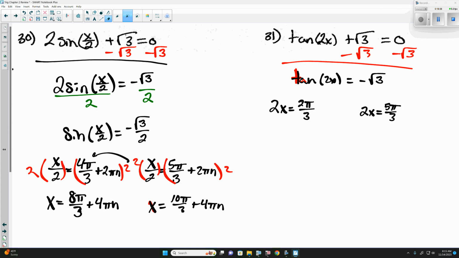Almost for tangent, because it's not listed directly on the circle, I see what is its reference angle, pi over 3. So all of our divisions of 3 work. Now we're just figuring out which one is in the correct quadrant. It's kind of a shortcut. The other method would be going around the unit circle and dividing those two as sine over cosine to get there.